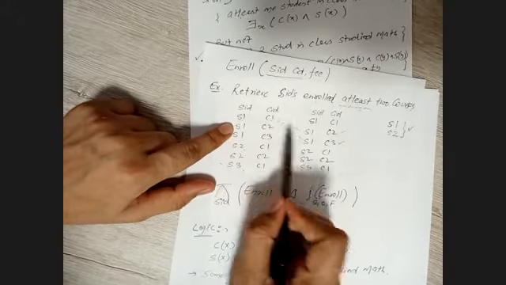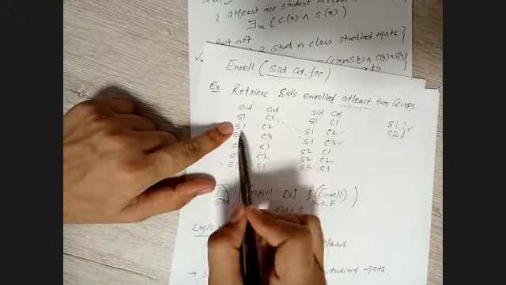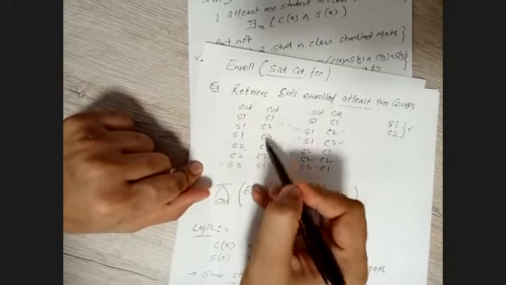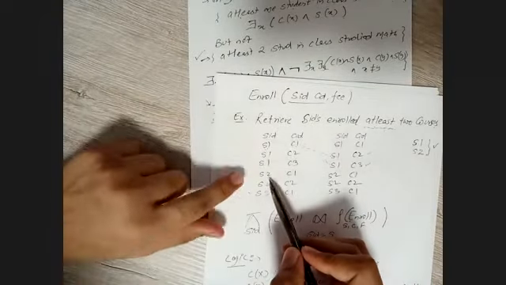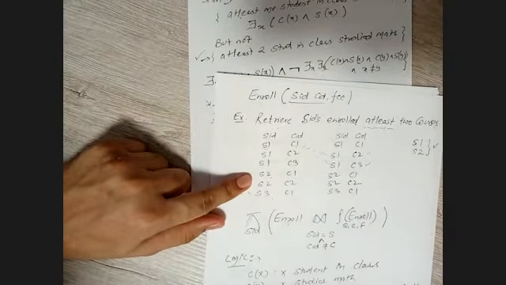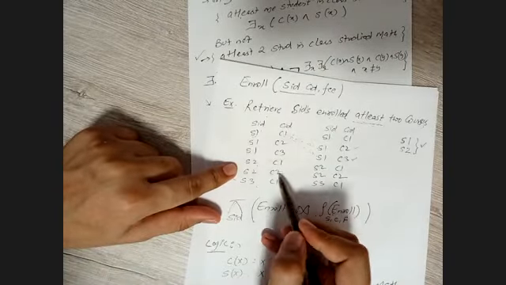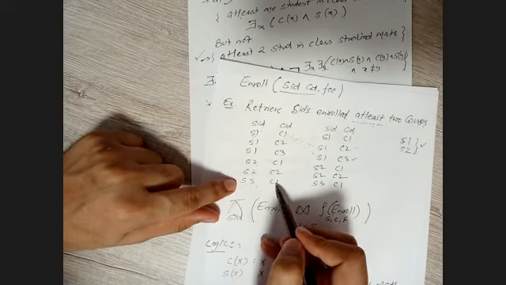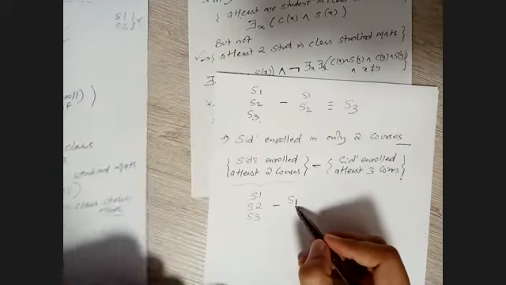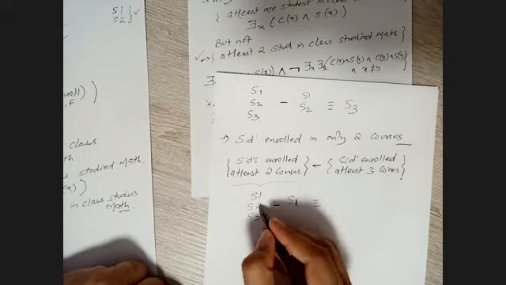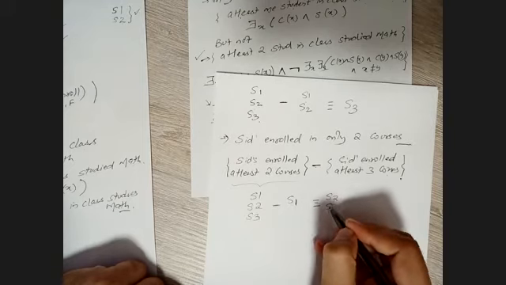S1 is in C1, S1 is in C2, and S1 is in C3 as well, right? So we can say that S1 is enrolled in at least three courses. Now see S2: is S2 enrolled in at least three courses? No, S2 is enrolled in C1 and C2, but not C3. And S3 is again enrolled in only one course. So the answer is S1 only. So when we do the set difference, what answer will we get? That is S2 and S3.